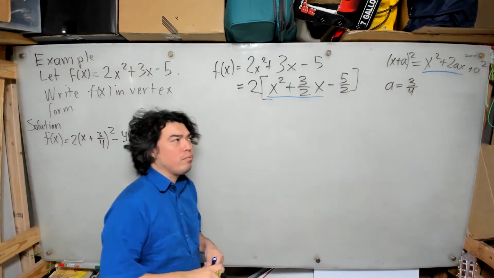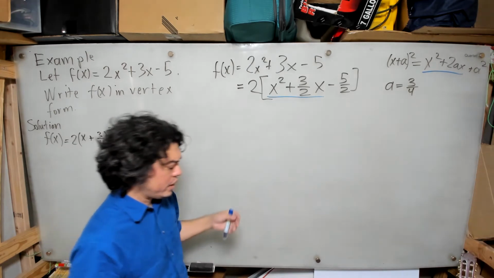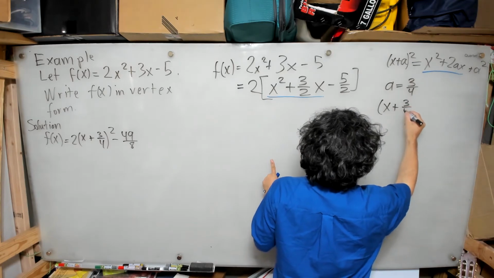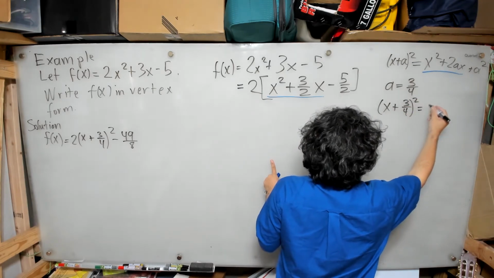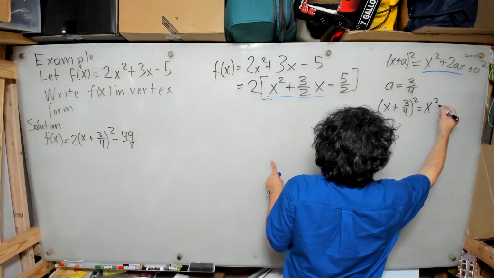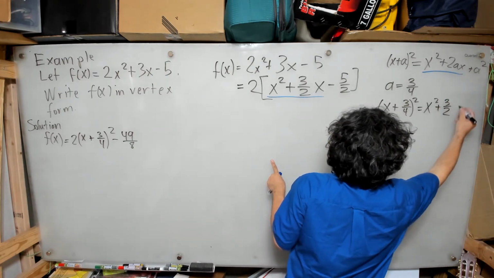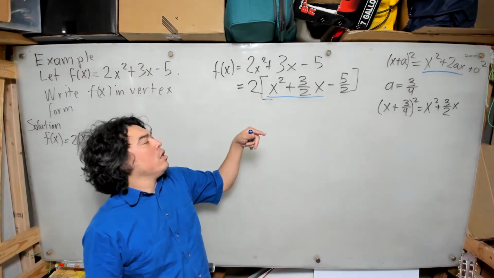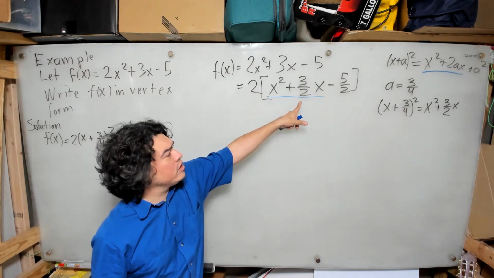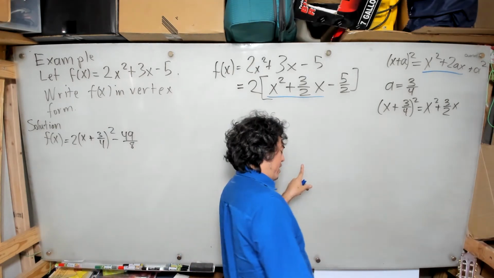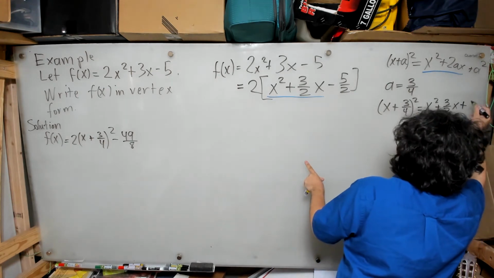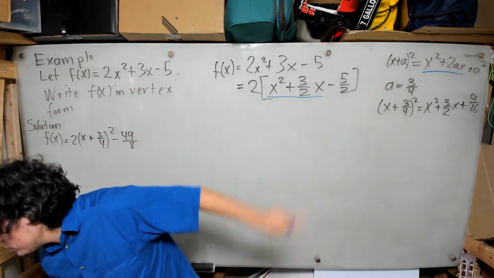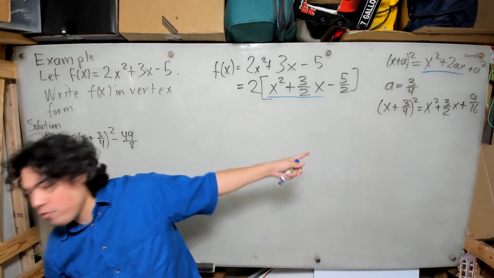Now we're going to plug this into our equation on the right-hand side. x plus 3/4 squared equals x squared plus 3/2 x. We know that because we solved for a on the condition that it gave us the 3/2 x. And then finally it is plus 9/16, because the 9/16 is precisely a squared, the 3/4 squared.